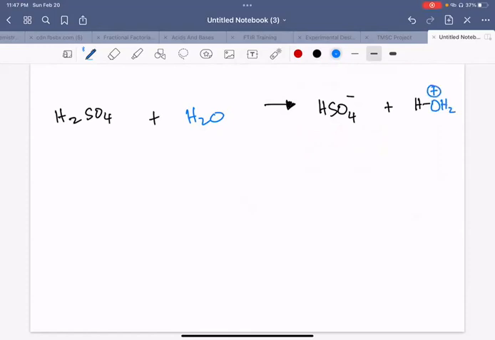So this is the hydronium ion, and this one is the bisulfate ion. It is the same effect.